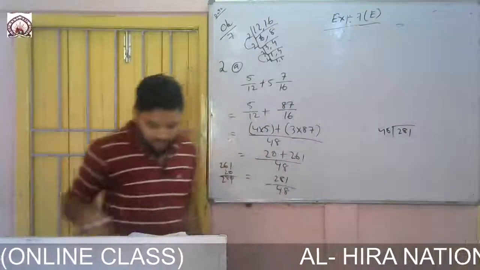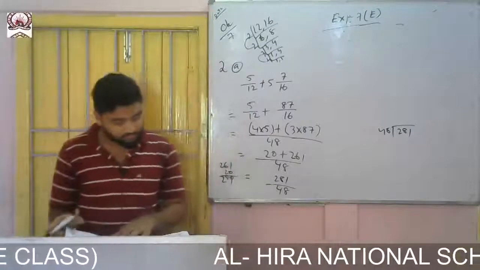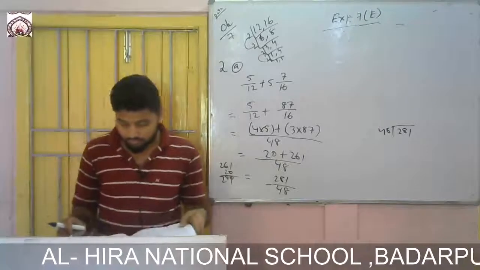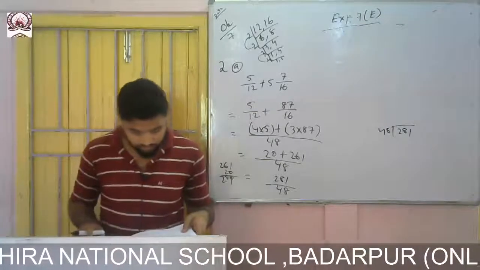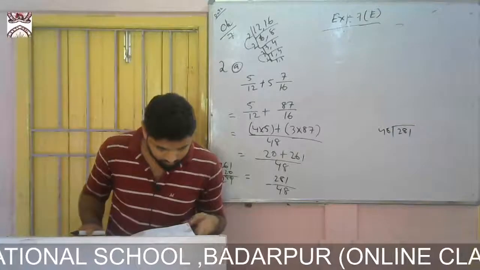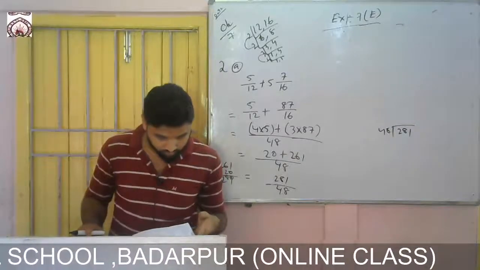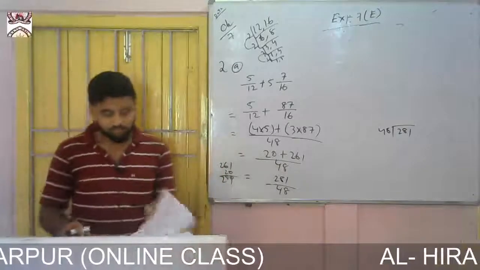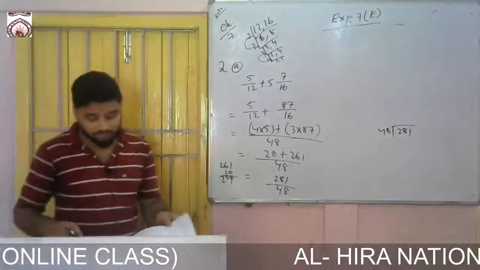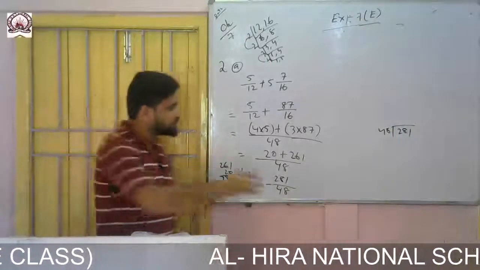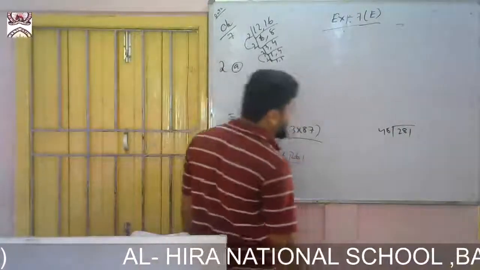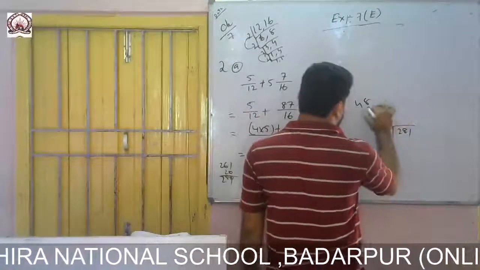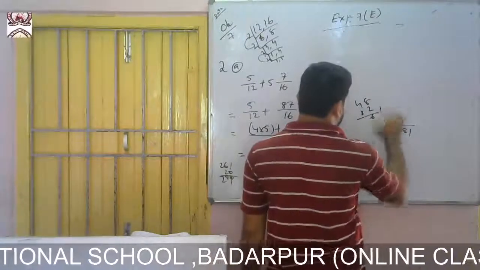So if we divide this one, you see, 48 2s are how much? 8 2s are 16 and 1.